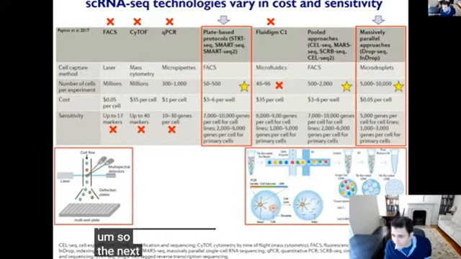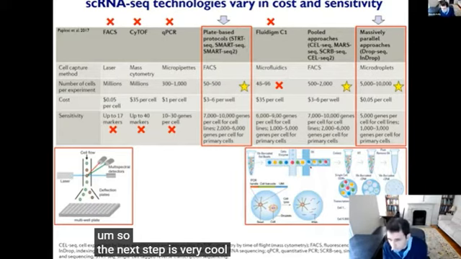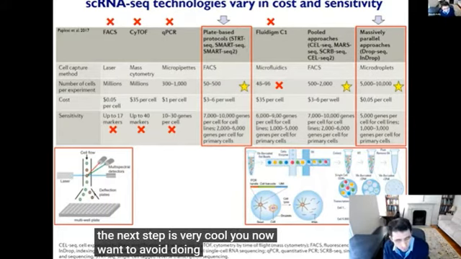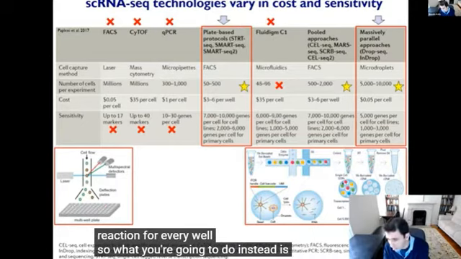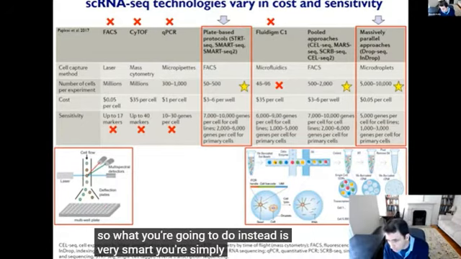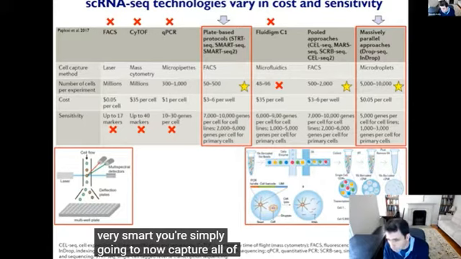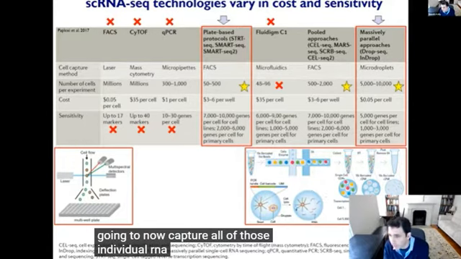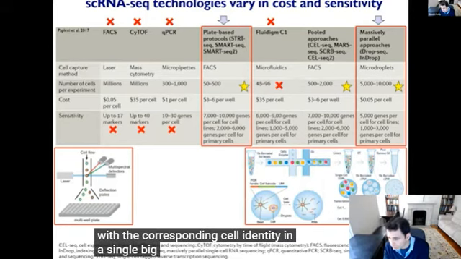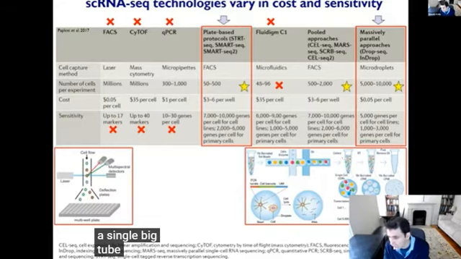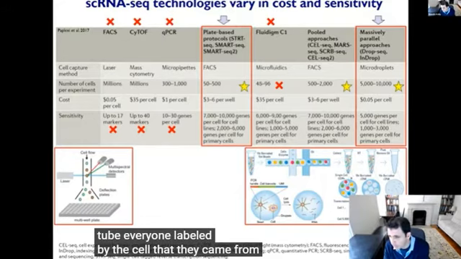So the next step is very cool. You now want to avoid doing a single sequencing reaction for every well. So what you're going to do instead is very smart. You're simply going to capture all of those individual RNA molecules that have been barcoded with the corresponding cell identity in a single big tube, everyone labeled by the cell that they came from.